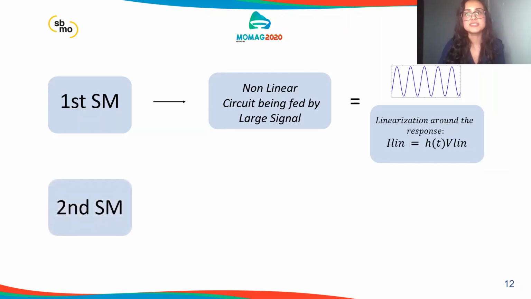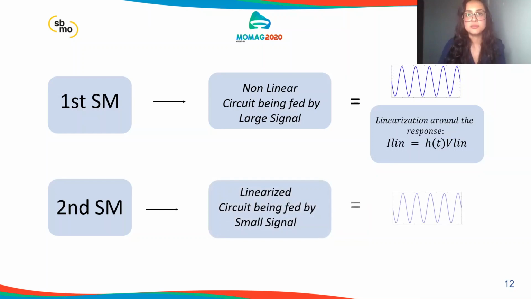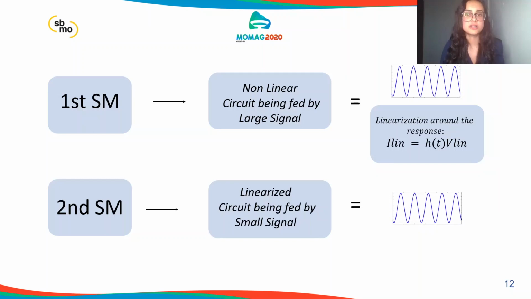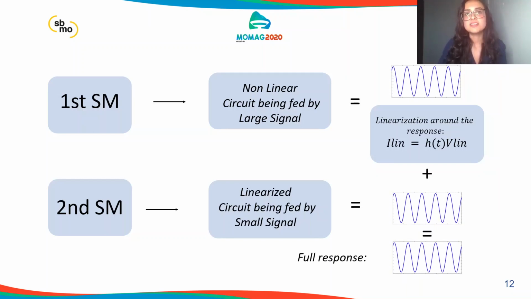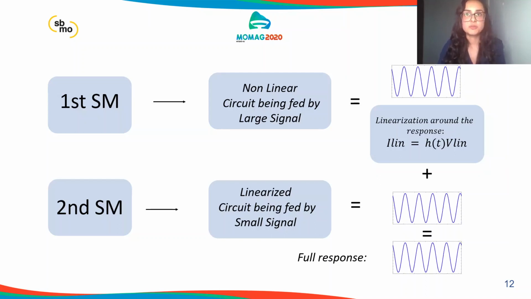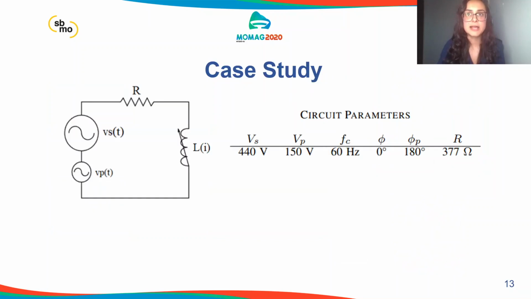Then, the shooting is applied in the linearized system being fed by one of the small signal sources. The process is repeated for each small signal source acting alone. The full response of the signal is given by the superposition of the response of each independent source by algebraically summing the results.